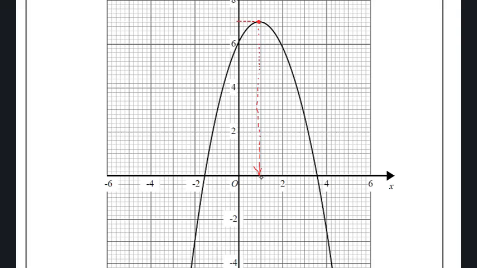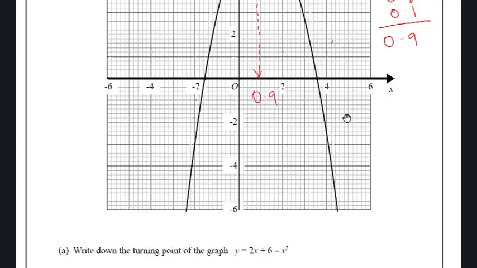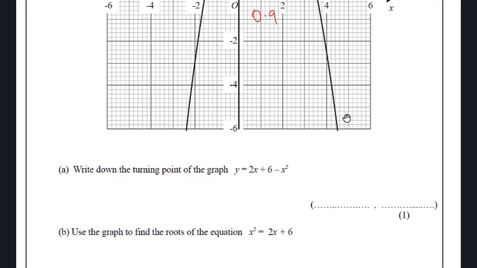And if this is 1, then the next one is 0.8. So what is in between them is going to be around 0.9, because 0.8 plus 0.1 will be 0.9. So this is the value 0.9, and this is the value 7. So the coordinates of the turning points are going to be positive 0.9 and 7.